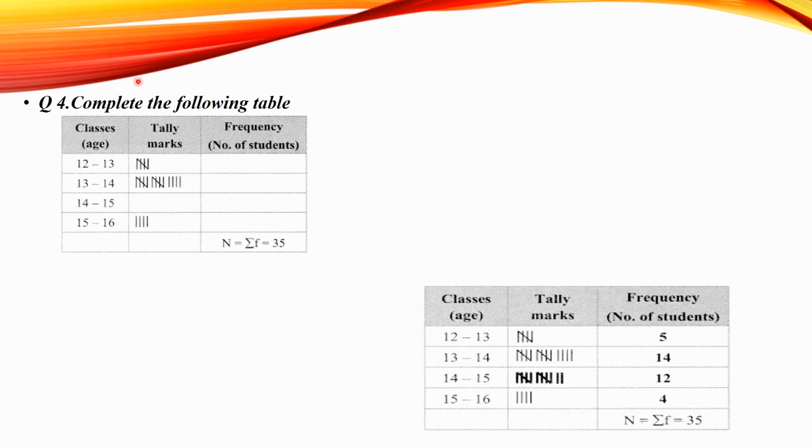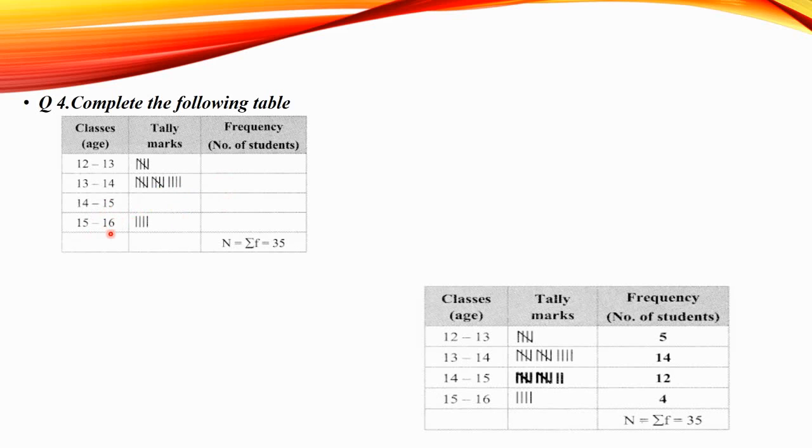Question 4. Complete the following table. The classes, in age, are 12 to 13, 13 to 14, 14 to 15 and 15 to 16. The tally marks are a set of 5, so the frequency will be 5. For 13 to 14 it will be 5 plus 5, 10, plus 4, that is 14. For 14 to 15 it is not given, we have to find it out, so let it be x.